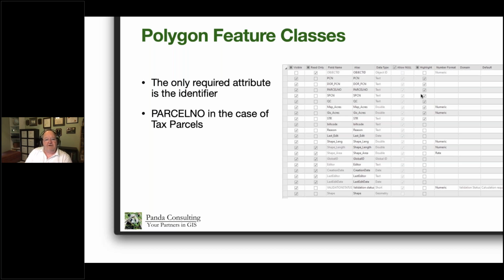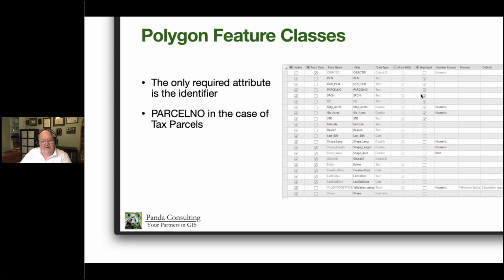So on the polygon feature class, let's think about that for a little bit. There really is only one required attribute field, with the exception of the tax parcel: the identifier field. When you export it out, it becomes the parcel no field for that shapefile. Other than that, we really only need one. For parcels, you also need a separate acreage field.